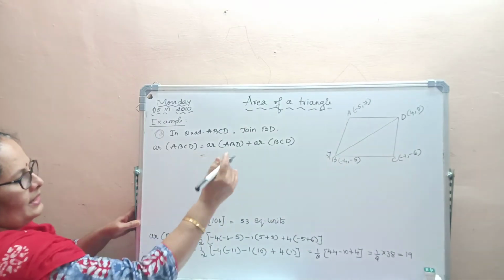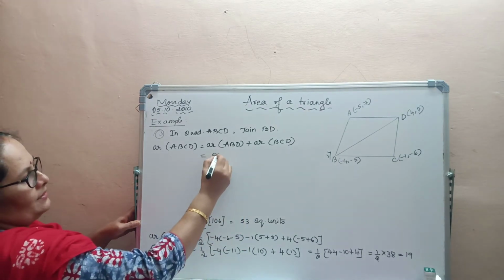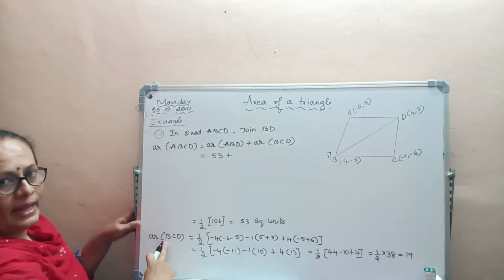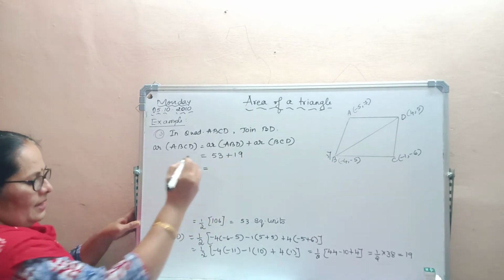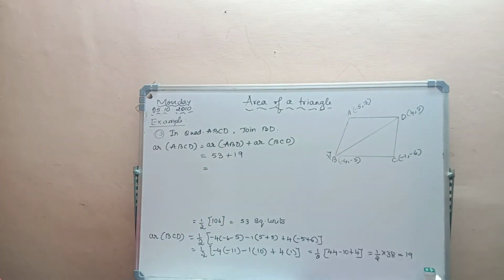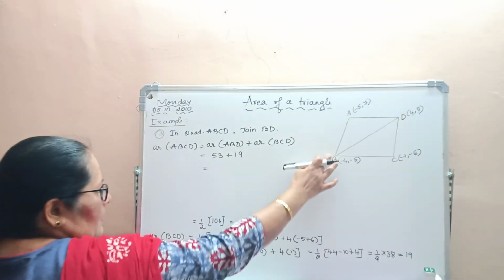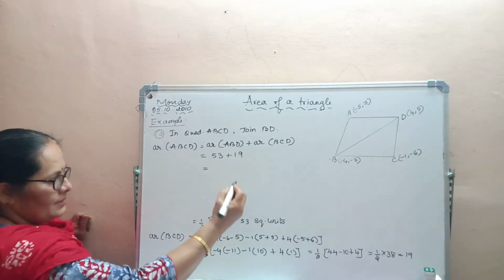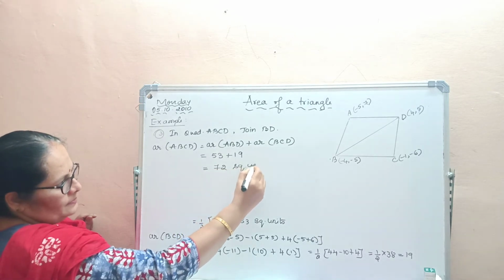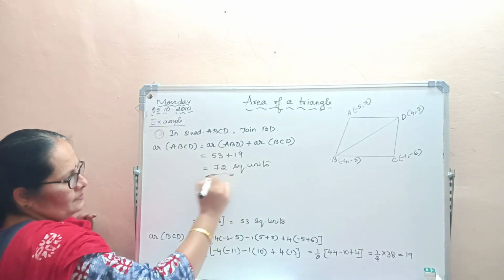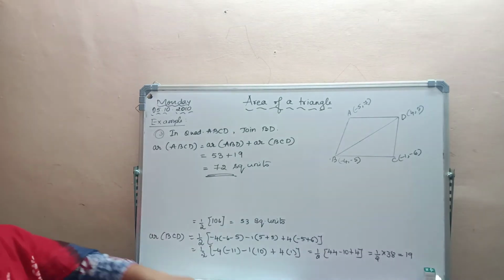Now, area of triangle ABD is 53 square units and area of triangle BCD is 19 square units. So that area of the quadrilateral ABCD is equal to 72 square units. So first what we have to do?